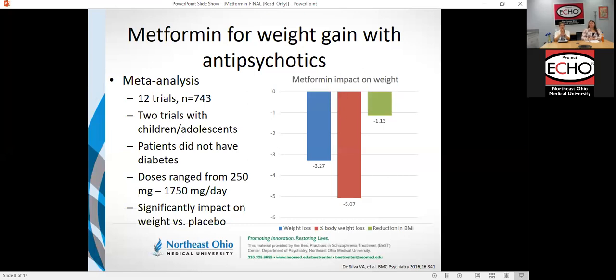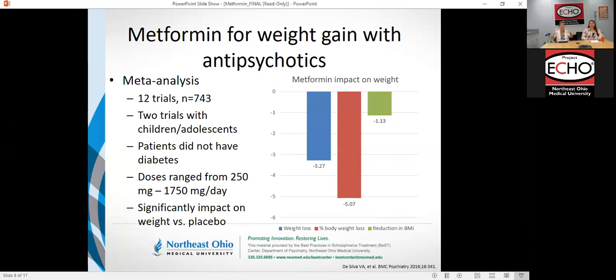The other thing I wanted to mention was, I wrote this down so I would remember, there were some that were prevention trials. So a small number were prevention, and then others were patients who were on antipsychotics and had already gained weight. So even when they pooled the data from both of those, it was significant.